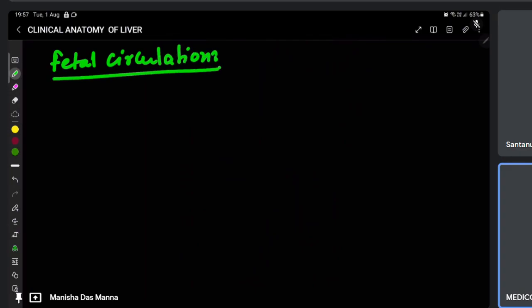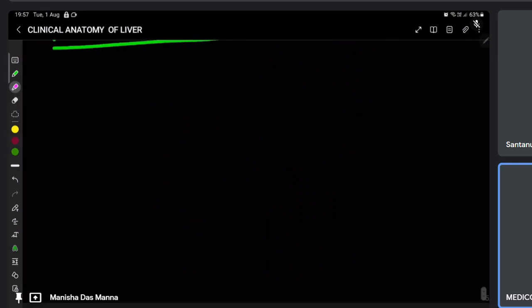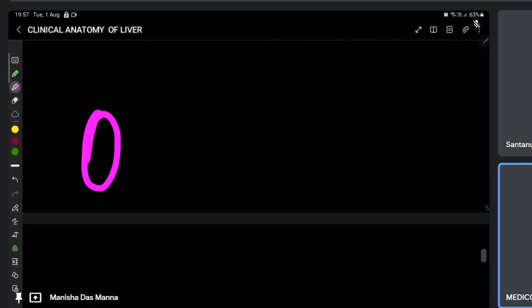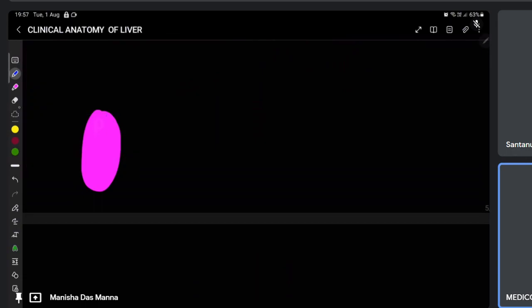Let's imagine this is the placenta. PL means placenta.